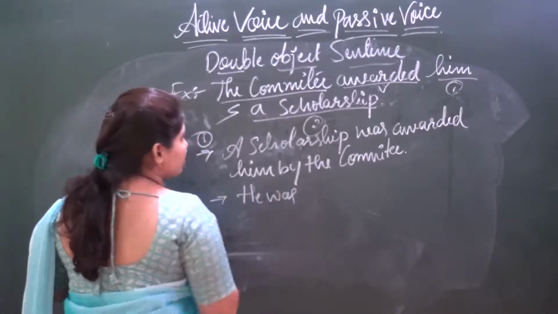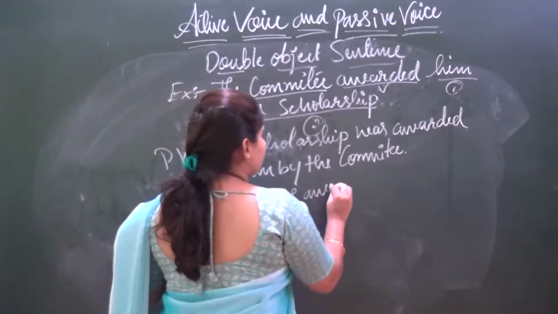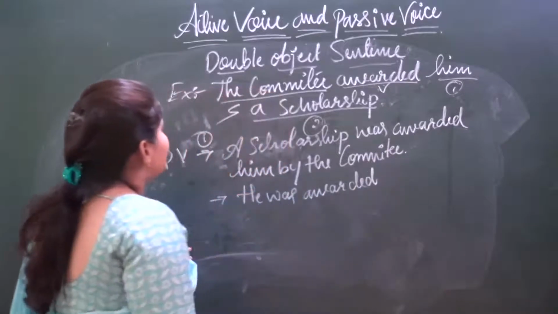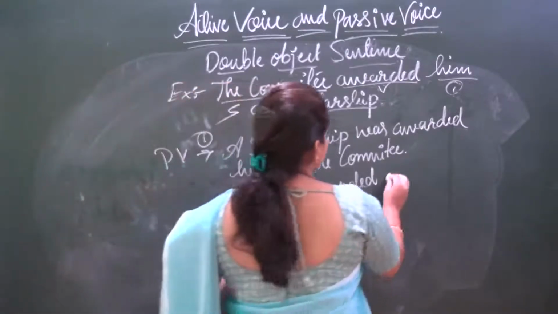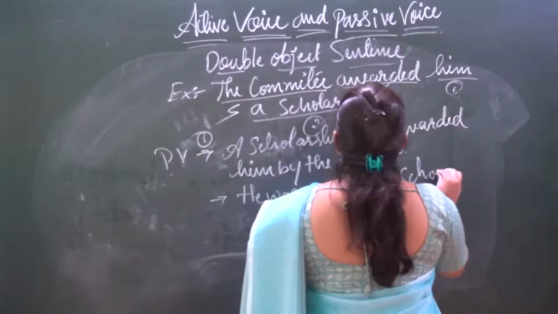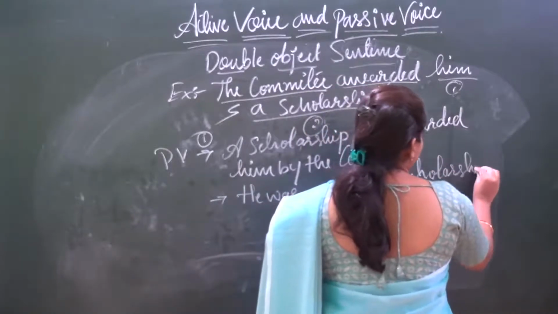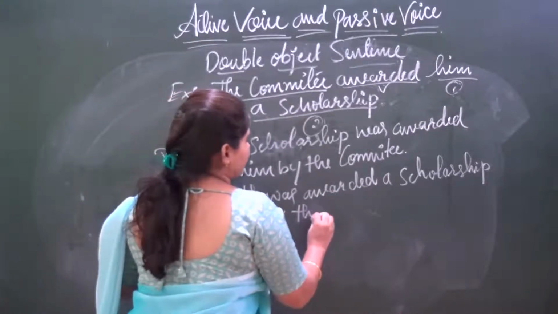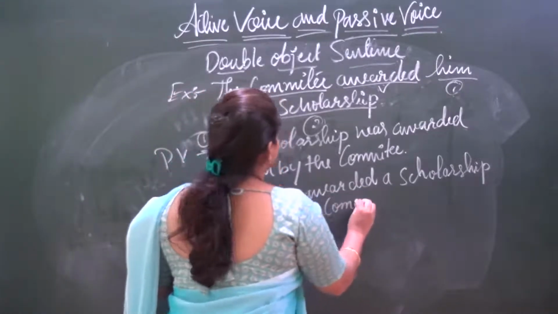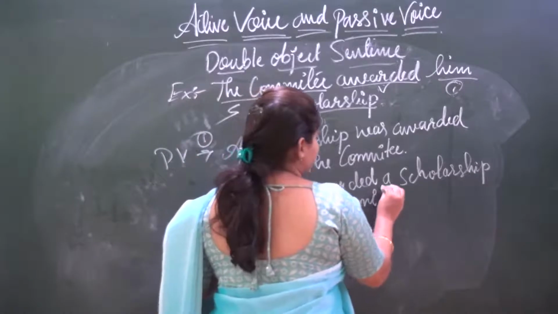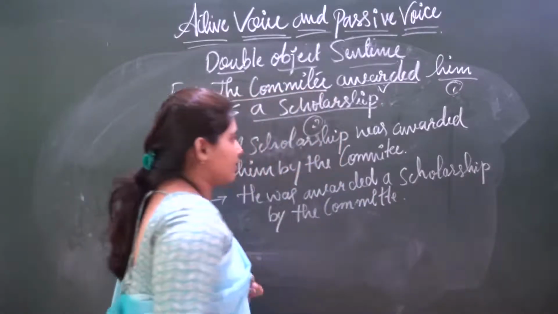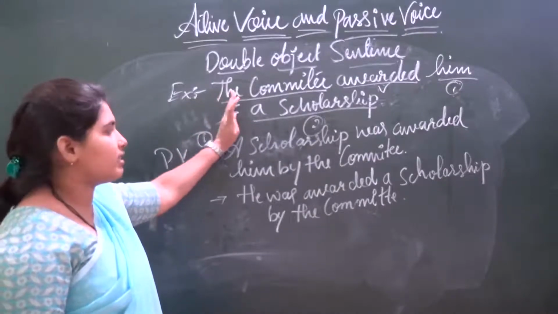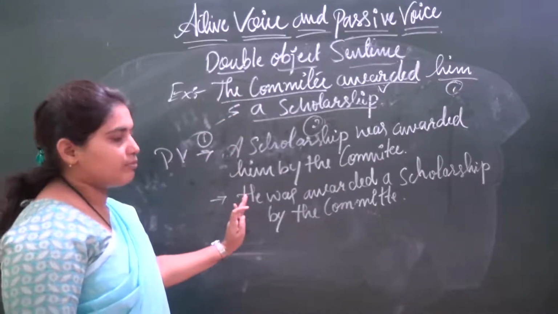Okay, this is the first. And you can change it this way also: He was awarded a scholarship by the committee. So this is how, when there are two objects in a single sentence, it has to be changed.